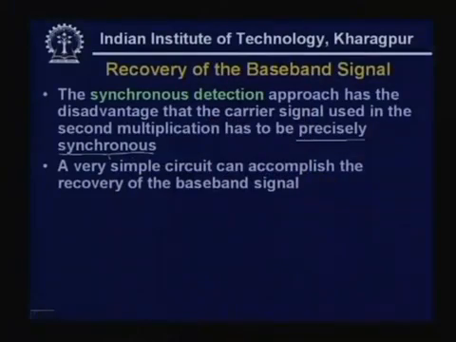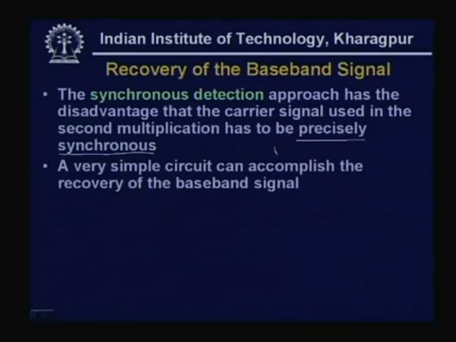Question is, how do you get the synchronous signal? You have to use costly hardware to generate the precisely synchronous carrier signal at the receiving end. That is why it is better to have a normal double sideband modulated signal.